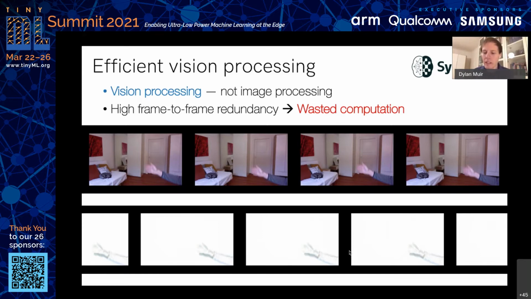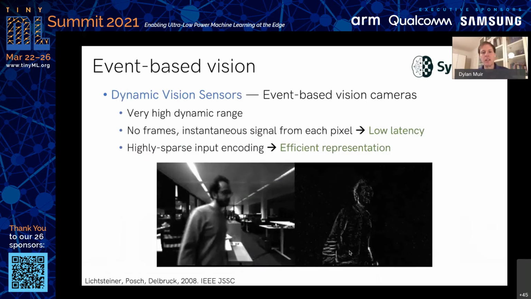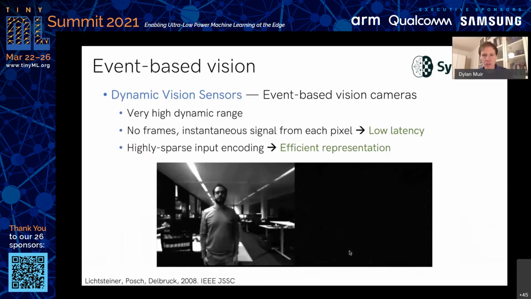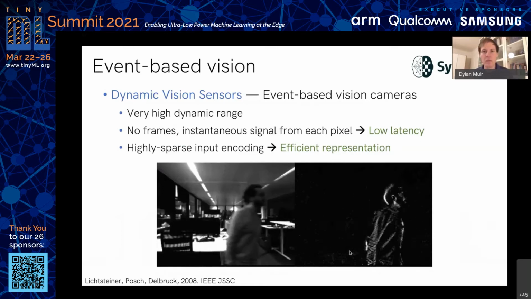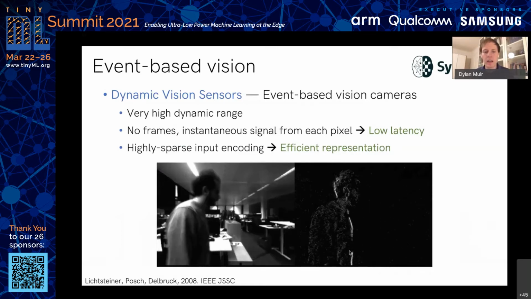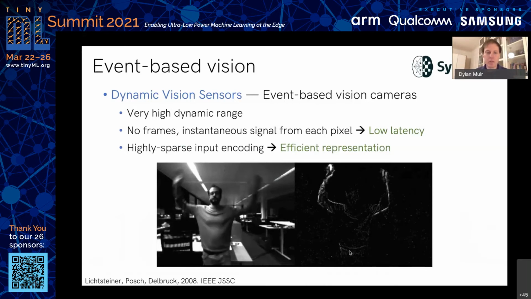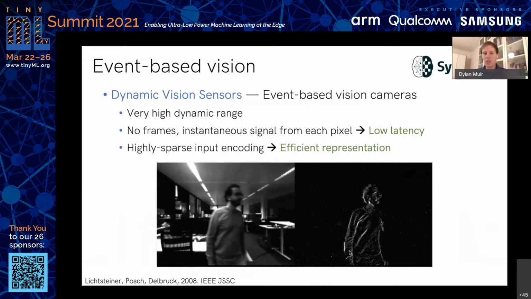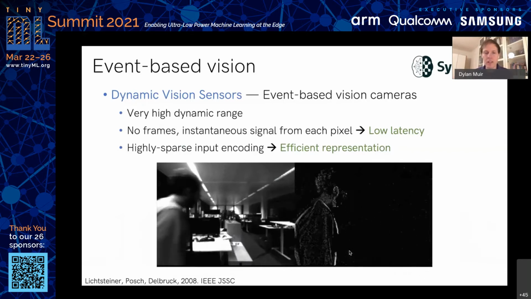So looking at temporal differences is one way to improve the efficiency of vision encoding. This is the approach taken by some special sorts of cameras that some of you are probably aware of, called dynamic vision sensors. These are event-based vision cameras. They are non-frame-based, so they have image sensors where each pixel independently detects changes in light intensity, increases or decreases.